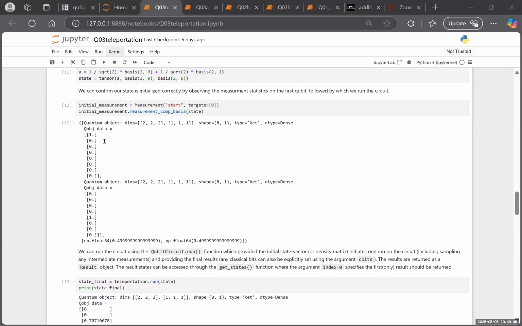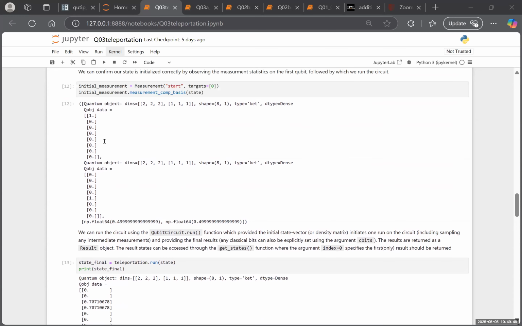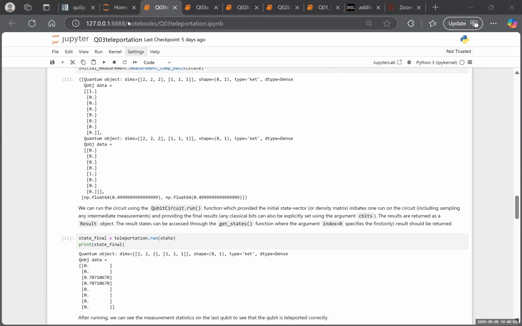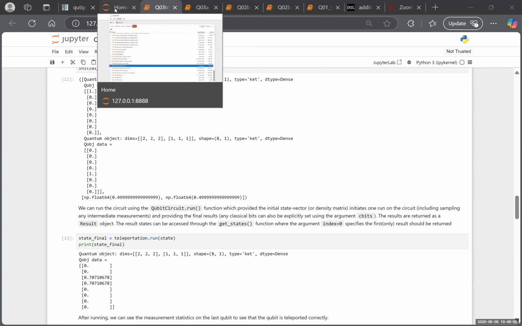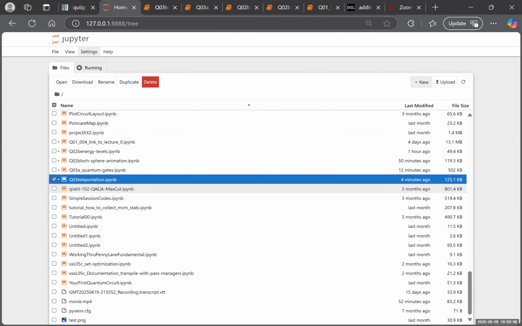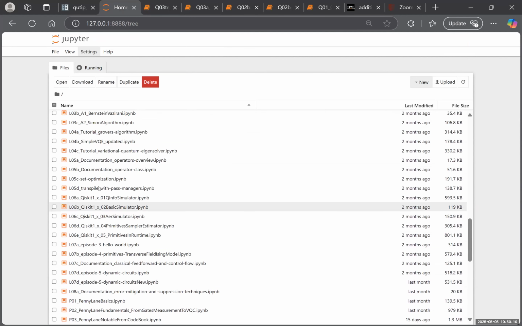Okay, any questions? Yeah, so we talked about the QIP, the information processing perspective, of QuTiP. Next time we'll look more at the optics.